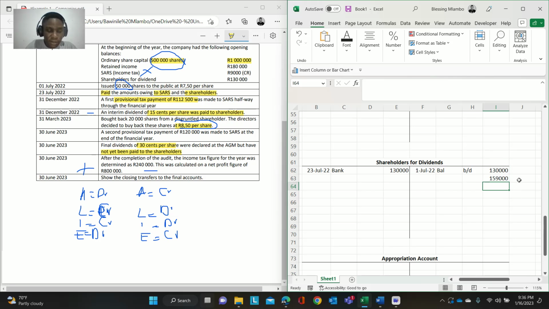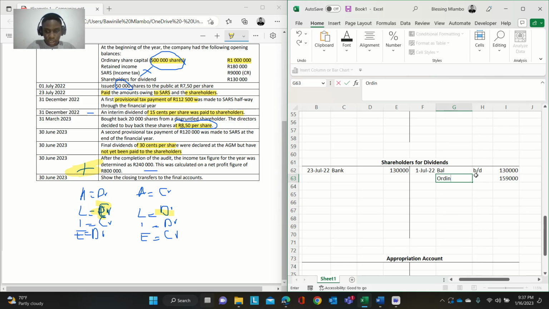And when this dividend was declared, it wasn't paid on the same day. Therefore, the shareholders for dividends, which is a liability account, increases because we now owe shareholders money, and a liability increases on the credit side. So it's going to increase on the credit side, and the account we're going to debit is ordinary share dividends.